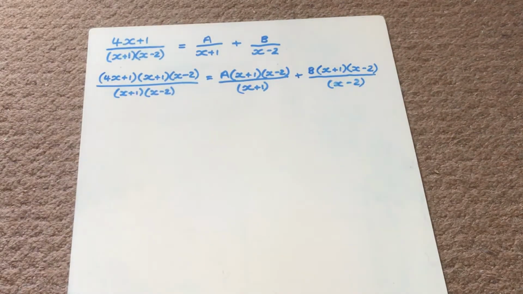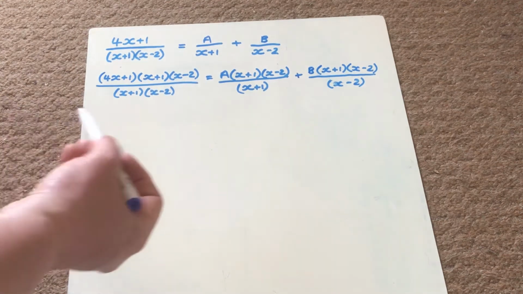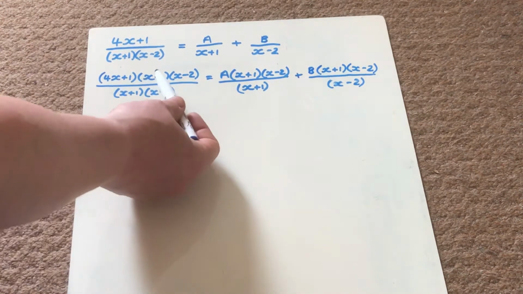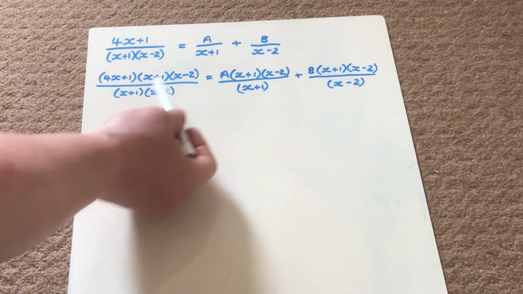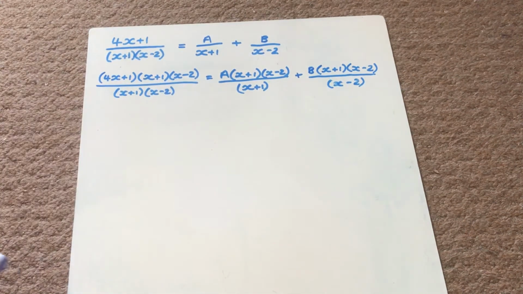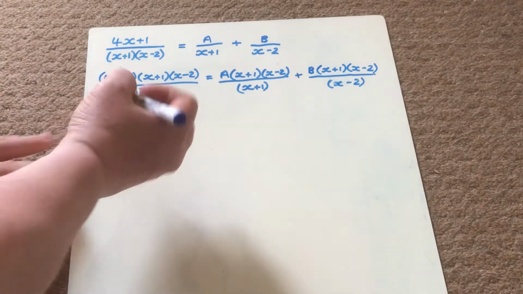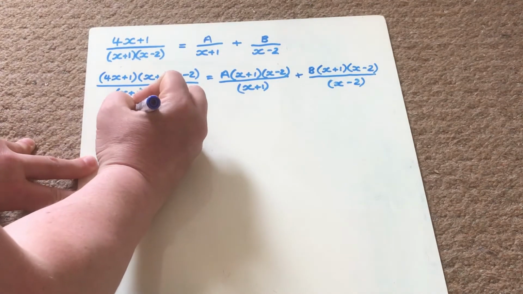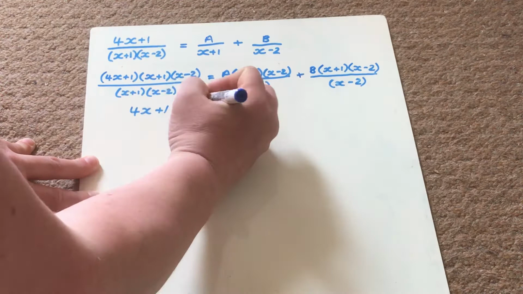So we've got three fractions, our original and the two partial fractions. So now we want to simplify them. We're looking, what can we divide top and bottom by? In this original fraction, we can divide top and bottom by x plus 1, and we can divide top and bottom by x minus 2. That will leave us with just 4x plus 1.